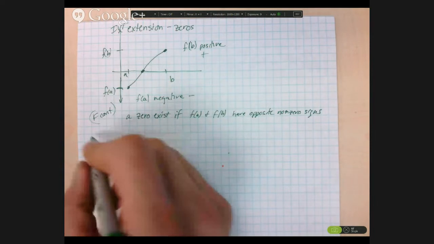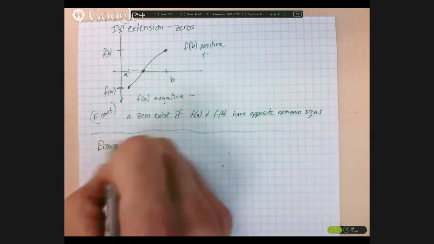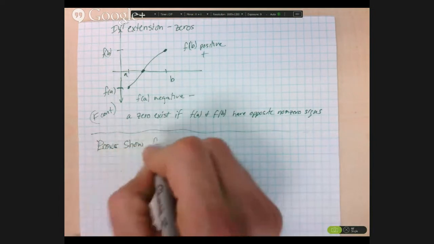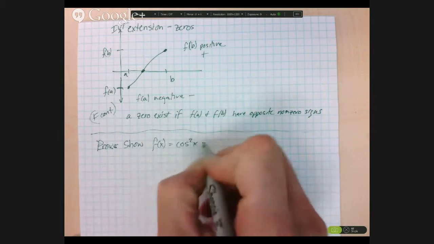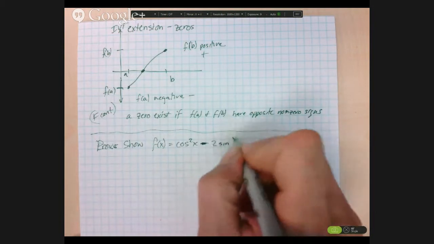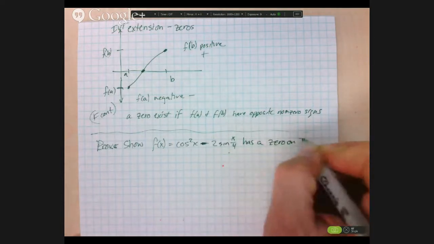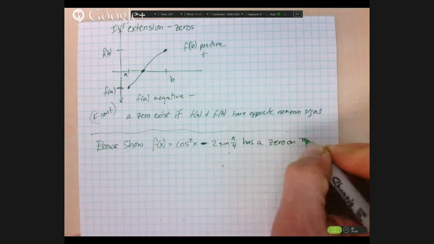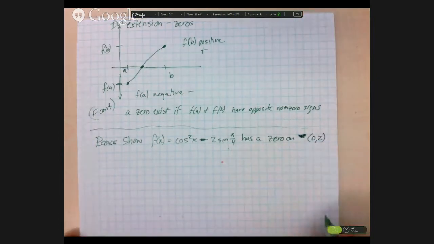All right, so let's say show that there is a zero.